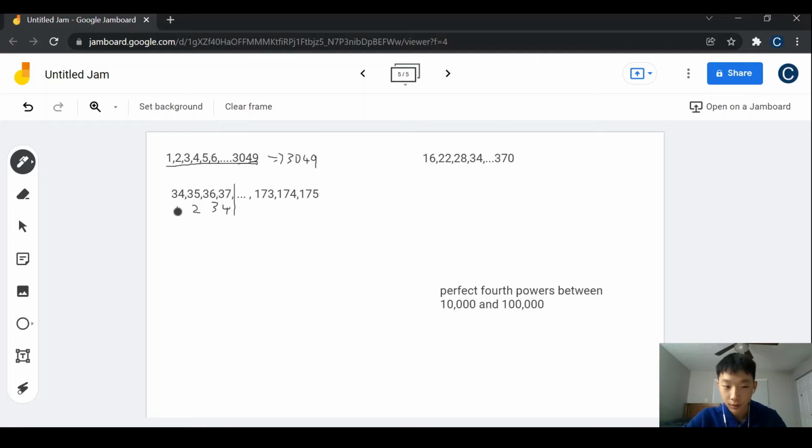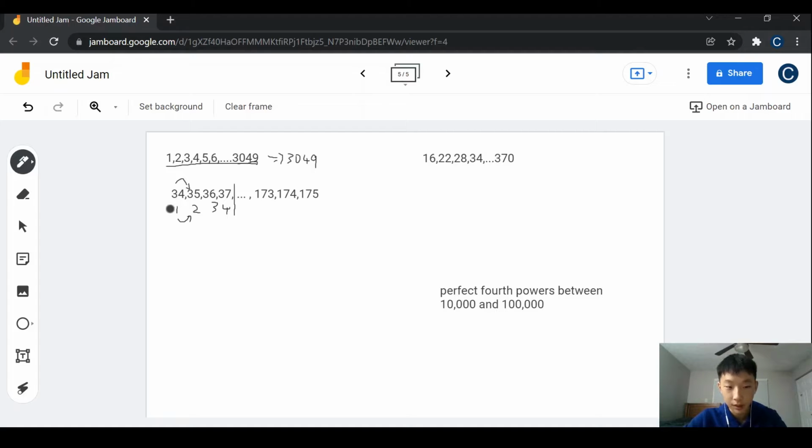So 34 minus 1 is 33, 35 minus 2 is 33, 36 minus 3 is 33, and so on. And the reason the difference is constant is because here we're adding 1, and here we're also adding 1. So if you add the same number to two different numbers, the difference between them is going to stay constant.